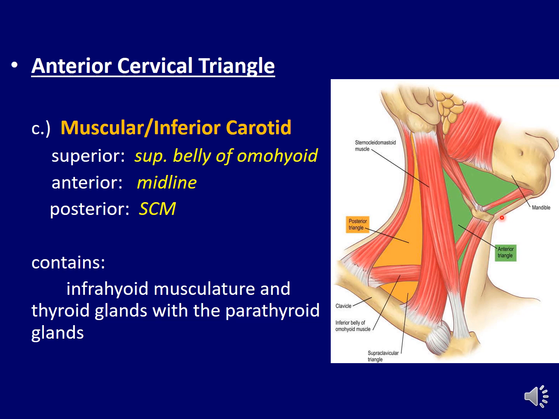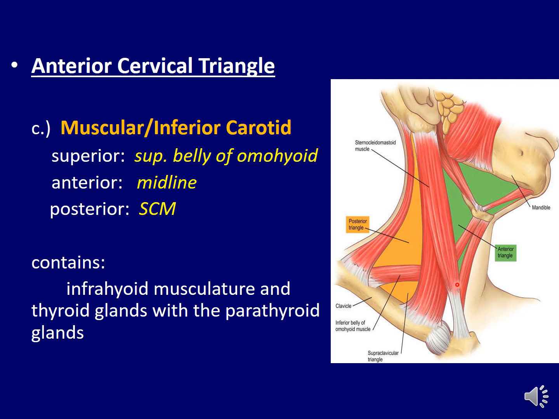The muscular or inferior carotid triangle, this triangle, which is just inferior to the carotid triangle, that's why it is called inferior carotid triangle or muscular triangle, is bounded superiorly by the superior belly of omohyoid, this one, anteriorly by an imaginary midline, and posteriorly by the sternocleidomastoid muscle.